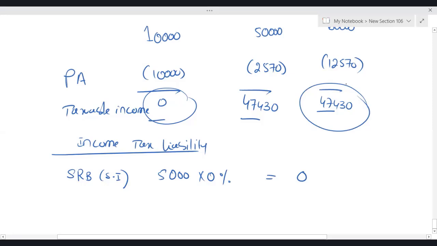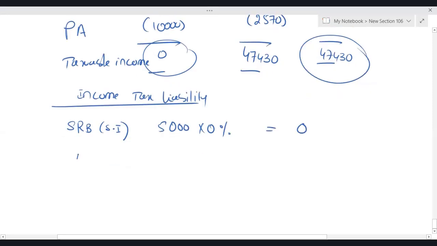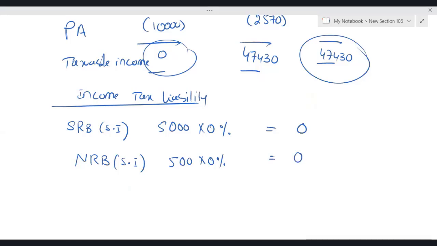Whoever is a higher rate taxpayer gets nil rate band for the saving income of just 500. So nil rate band, saving income, 0.